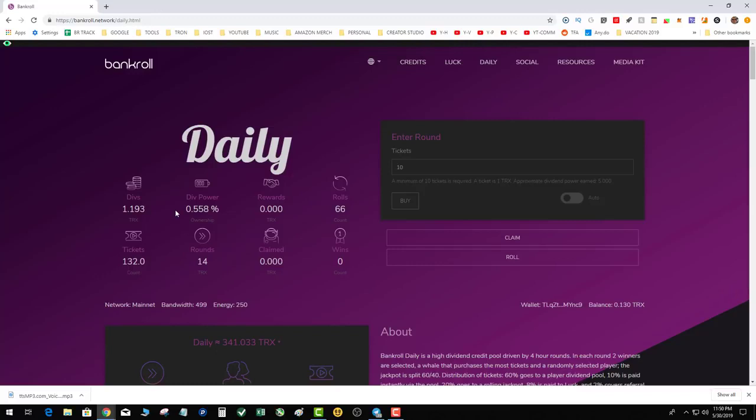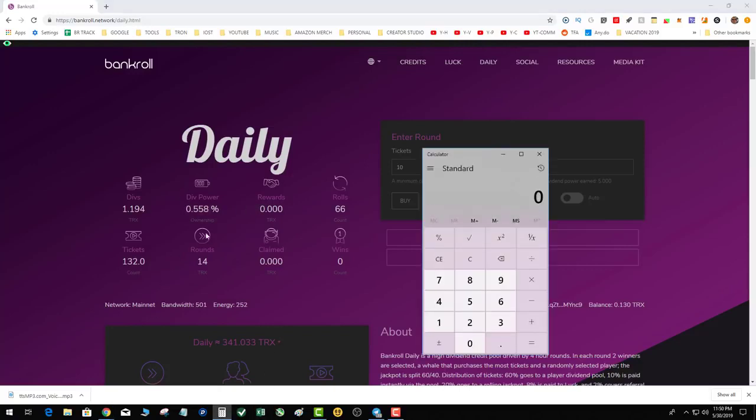Be careful, because when you hit that claim button, these divs will go to your credits, which can be cashed out for TRX. However, when you hit the claim button, it will reduce your dividend power by 5%. That is something very, very important to keep in mind.